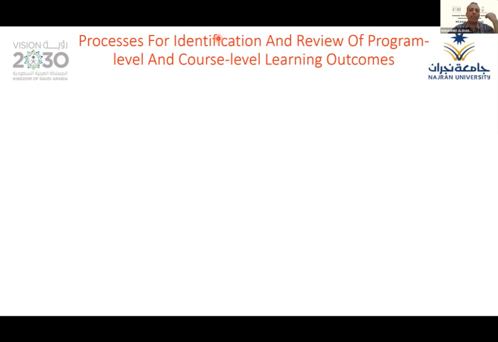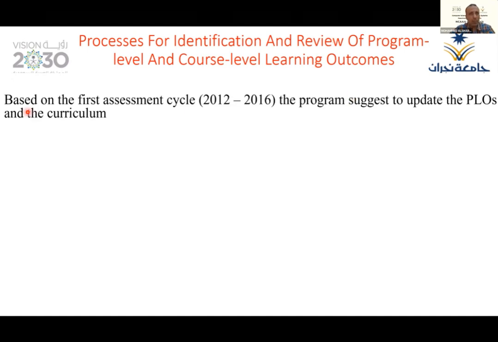After that, starting from 2017, we started to review, 2016, 2017. We started reviewing, the second part of this topic in this session, the review of the program learning outcomes. For many reasons, for example, based on the first assessment cycle, because from these PLOs we created our program assessment cycle, which was for 4 years, and we'll talk more about it tomorrow.